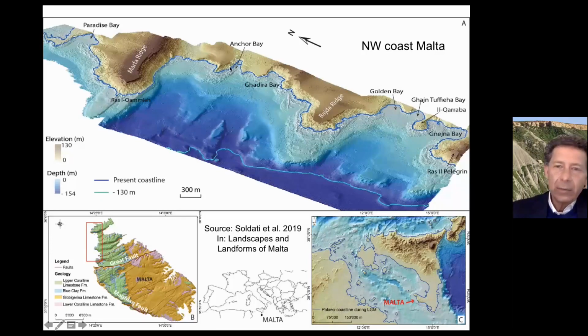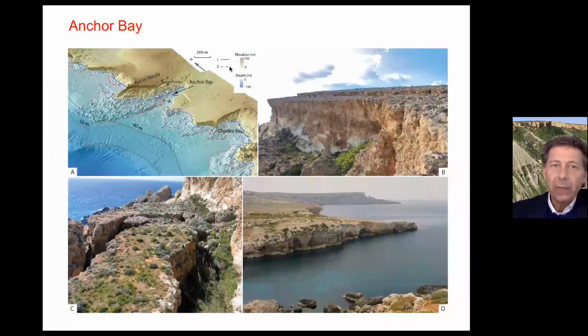And so we tried to map landslide deposits below the sea level. And we realized that actually the terrestrial deposits, so the deposits which outcrop above the sea level, are around 1/3 of the total deposits.